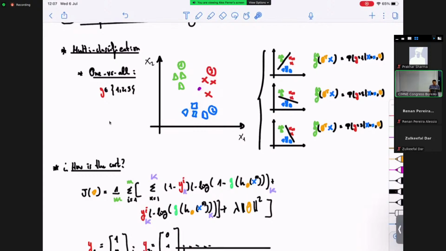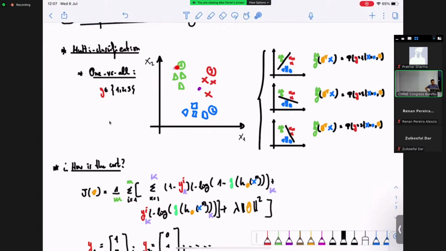So you can have families and different examples. One family you call 1, the other one 2, and the other one 3. More examples about multiple classification: for example, with x1, x2, is this a car? Is this a woman? Is this a cat?